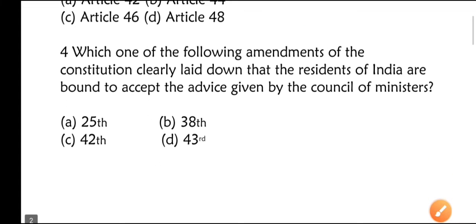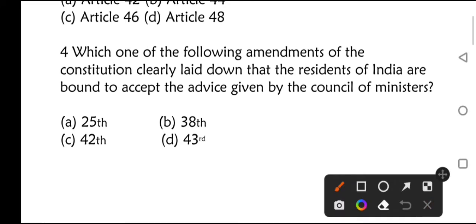Now, question number 4. Which one of the following amendments of the Constitution clearly laid down that the President of India is bound to accept the advice given by the Council of Ministers? It is asking which amendment of Constitution laid down that President of India has to accept the advice given by Council of Ministers.